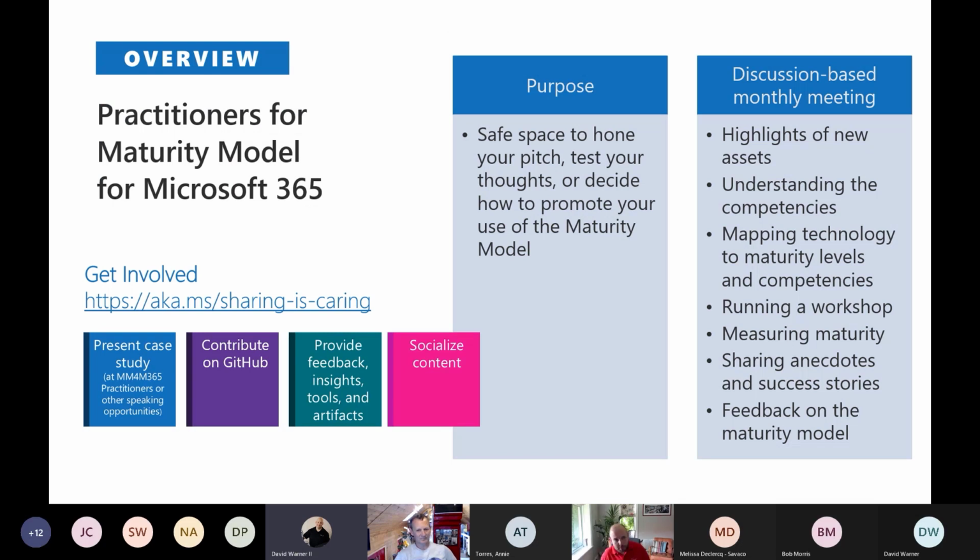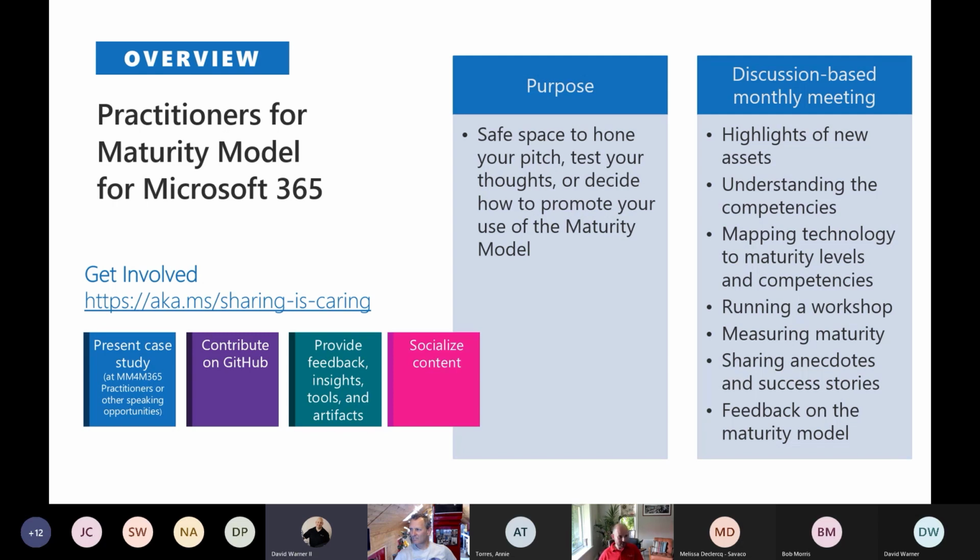The purpose of this session and everything we're doing is a community-based effort. We put some time in each week to do what we can, and we'd love to get other people involved. You can get involved by contributing on GitHub or presenting a case study.